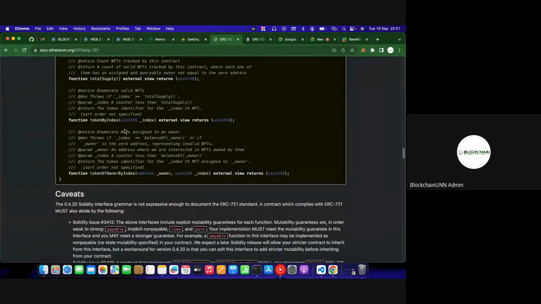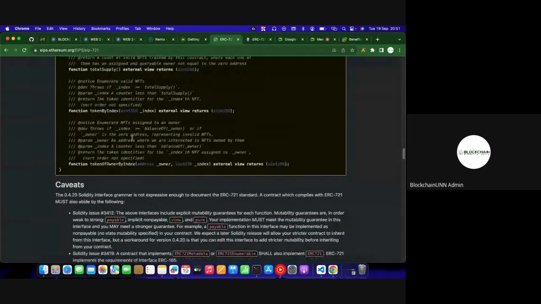So this would basically revert if the index is greater than or equal to the total supply, right? Otherwise it returns the token identifier for that particular NFT index you are trying to query from.